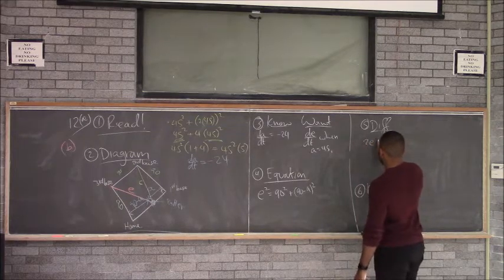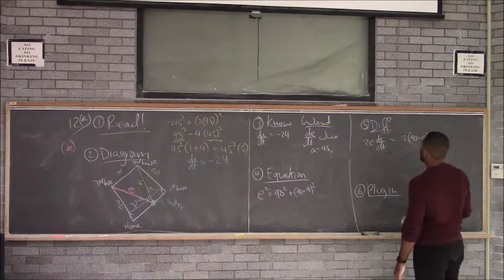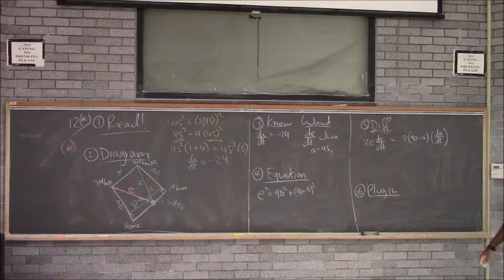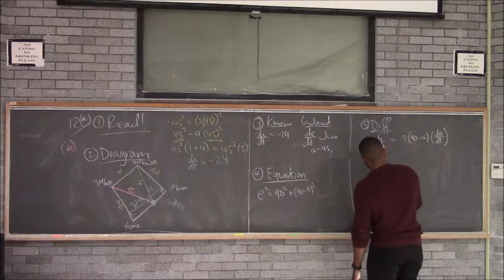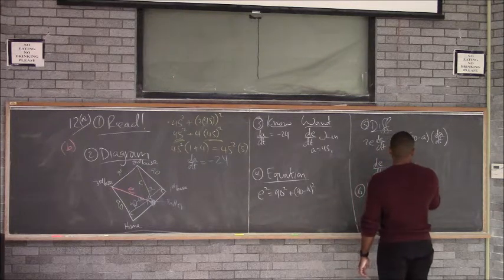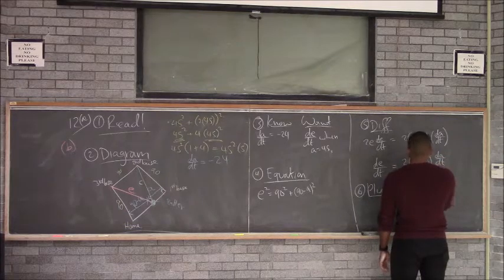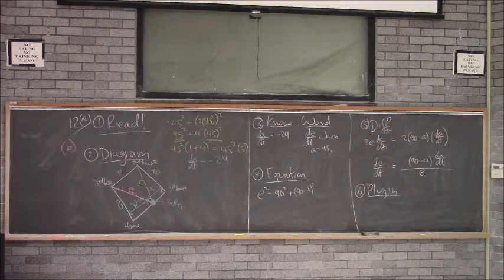Differentiate that. 2E dE/dt is going to be 2 times (90 minus A) times dA/dt. So dE/dt is going to be 2 times (90 minus A) dA/dt all over E. And now I can plug those all in.